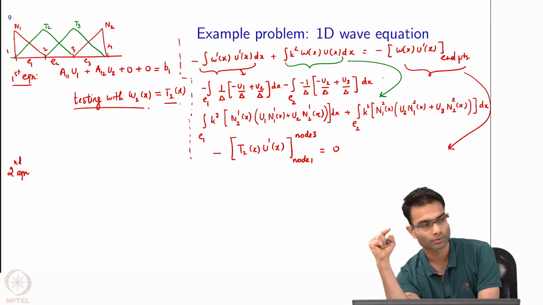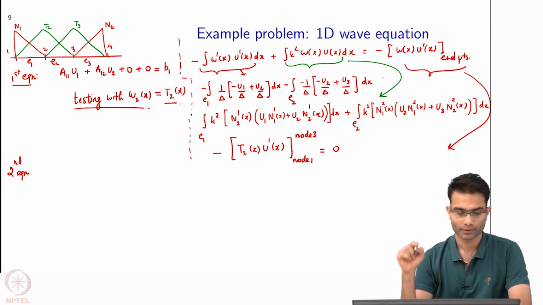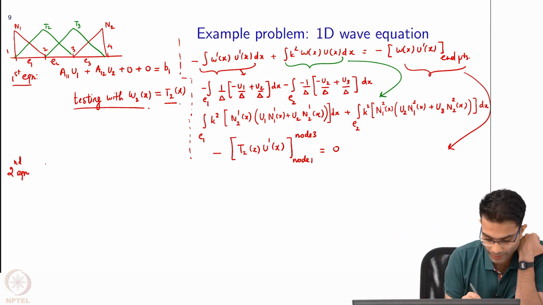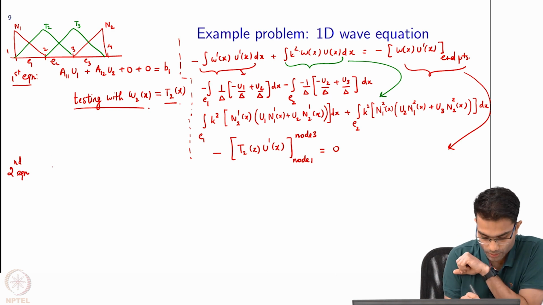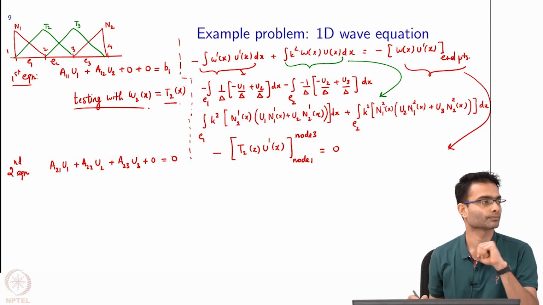U1, U2, U3. Is there any U4? Negative, right. So this second equation over here becomes 0 times U1 plus A21 U1, A22 U2, A23 U3 plus 0 is equal to 0.